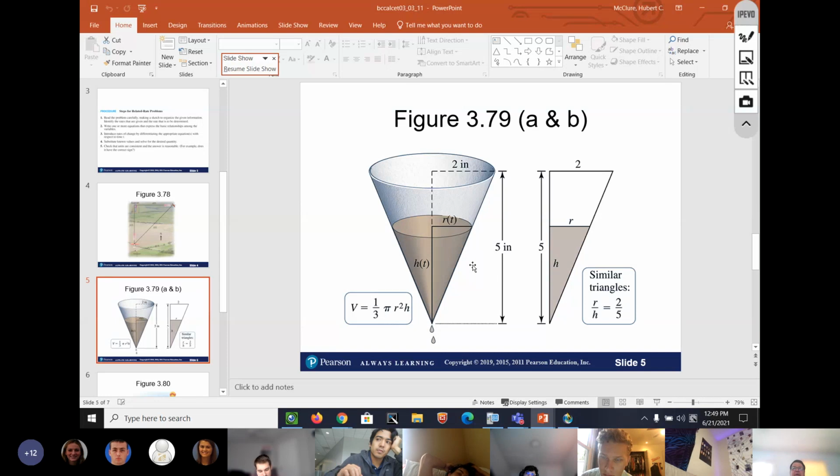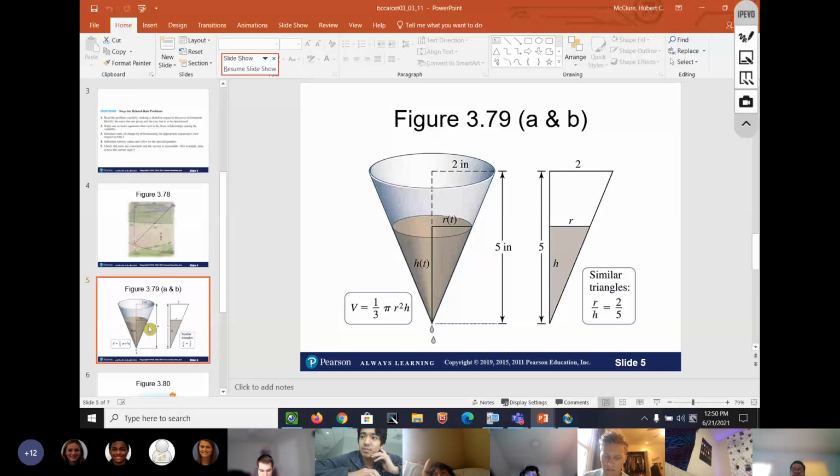Don't say the height, because the height of the cup is going to stay the same. The volume changes, but the volume is based on what? Look at the picture. What changes? Radius. Write that down.